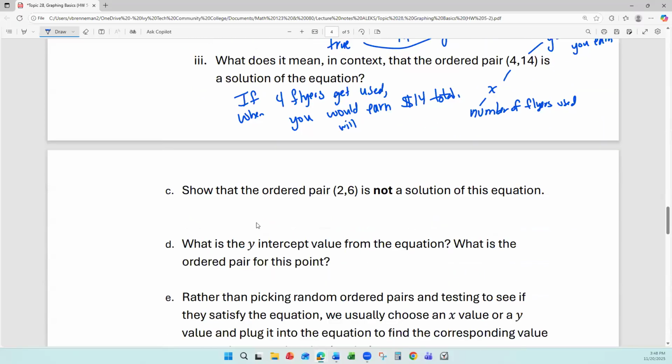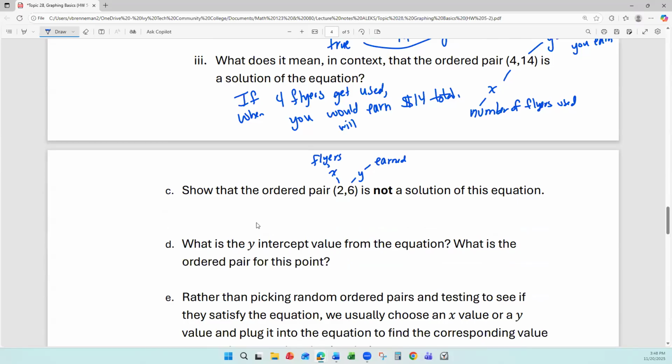Okay, the ordered pair 2, 6 is not a solution of this equation. One way you can tell: this is X, this is Y, this is the flyers used, this is the amount earned. If you remember, the initial thing is you're getting the $6 no matter what. So if 2 flyers have got used, you should be making more than $6. But we can do this algebraically as well.